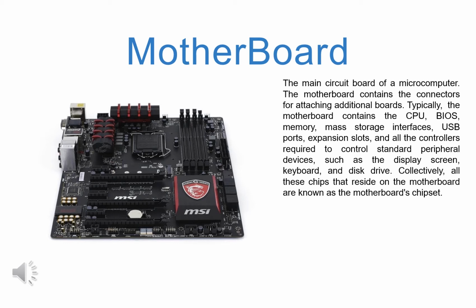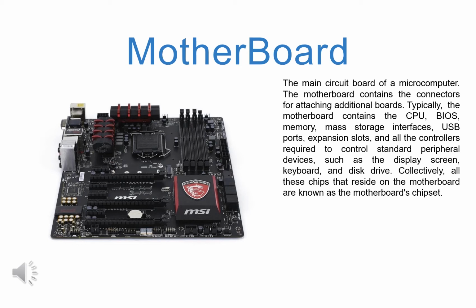Typically, the motherboard contains the CPU, BIOS, memory, mass storage interfaces, USB ports, expansion slots, and all the controllers required to control standard peripheral devices such as the display screen, keyboard, and disk drive.